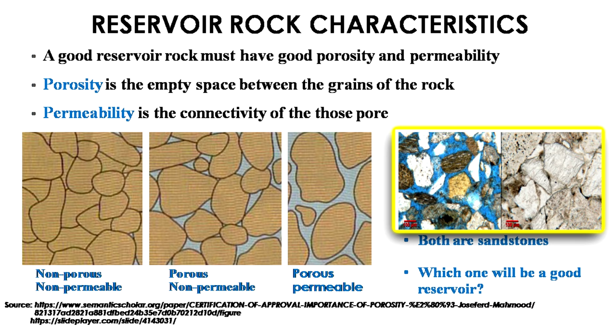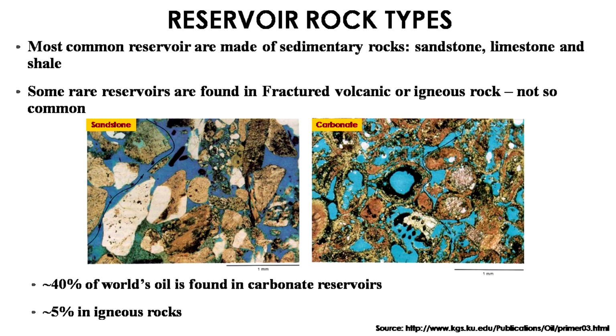Of course, the left one, which is having porosity and permeability, is a better reservoir rock. Now, most common reservoirs are sedimentary rocks, and among those the typical reservoirs that we see all over the world are sandstone, limestone and also some shale.